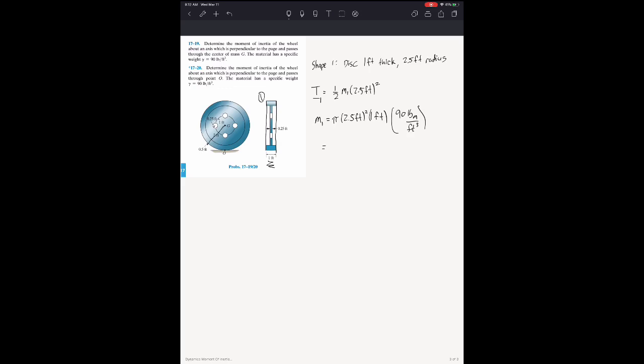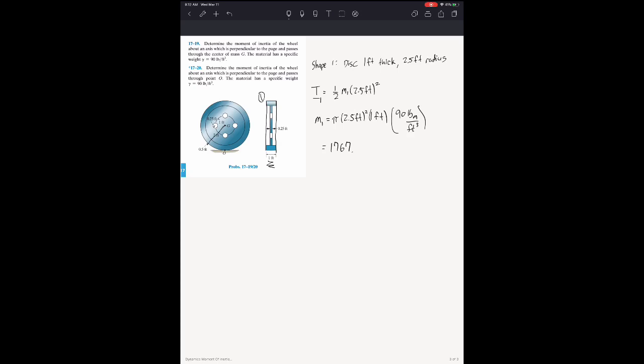This is equal to pi times 2.5 squared times 90, which is 1767, and we'll leave it.